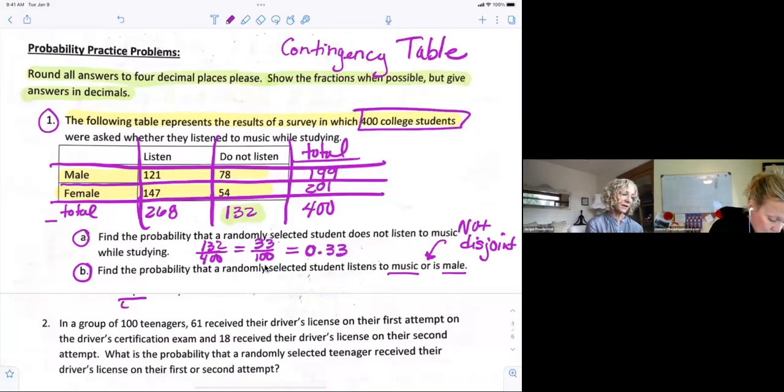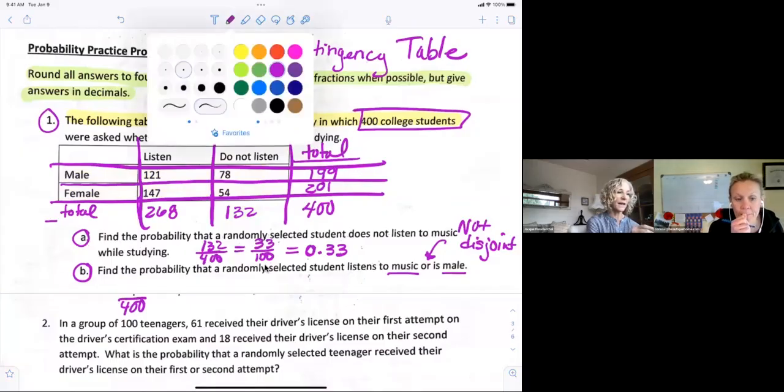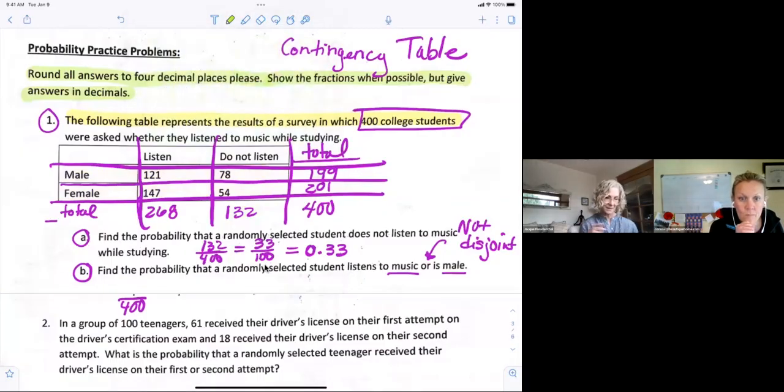Out of the 400 students, the number of students that listen to music, I'm going to delete some of these highlights. Okay, the number of students that listen to music out of the 400, oh, wrong pen. Whoops. This is what I want.